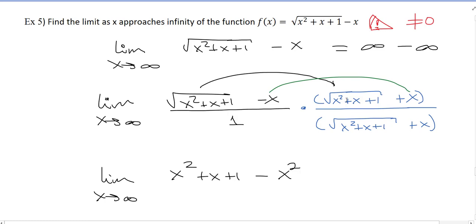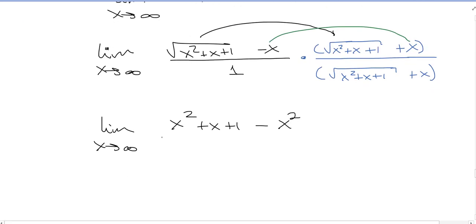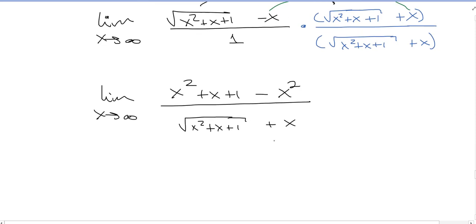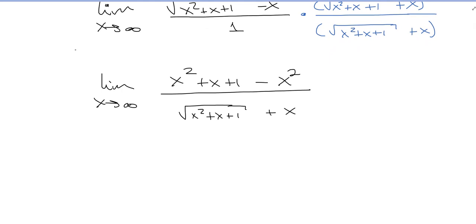If I had more, so if this were flipped, I would have put parentheses behind the negative here. Divided by 1 times that conjugate. So I'm just going to have that quantity plus that x outside the radical. Combine like terms, try to simplify as much as you can.